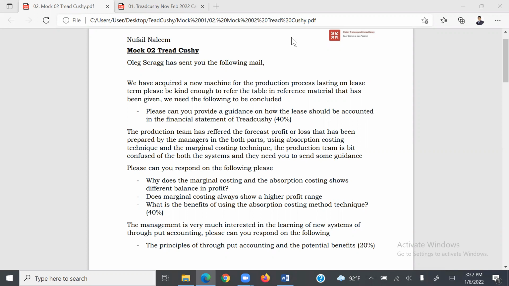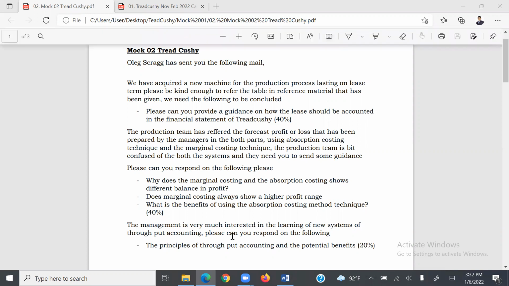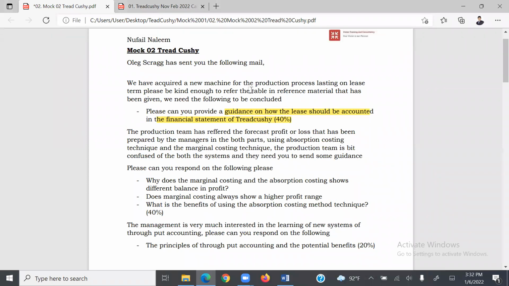Now, students, we need to learn from the questions only. You have the textbooks, you must start revising as well. Please, can you provide guidance on how lease should be accounted in the financial statements of Trade Cushy, which is 40%. They are specifically asking how the lease should be accounted.